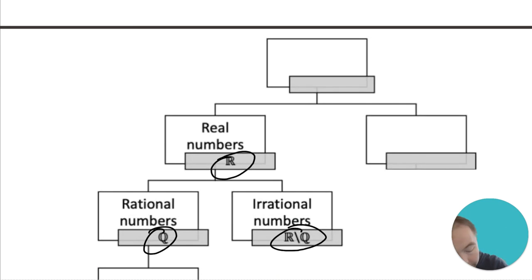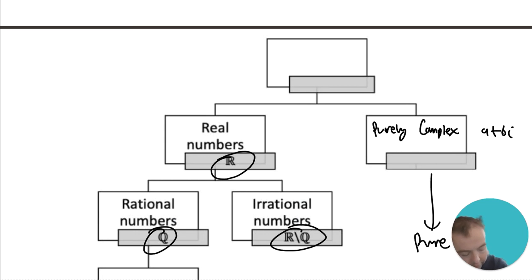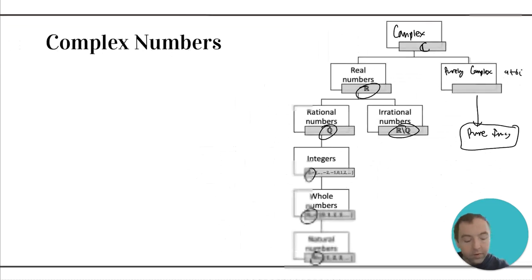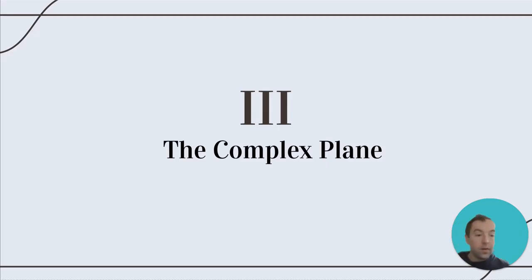So from the numbers that are purely complex, so that have the a plus bi structure that at least have the i, and then you also have the pure imaginary that could probably fall underneath that. So we could probably add another box, right, for the pure imaginary numbers. When you put together real with those purely complex numbers, we get the family of numbers that are called the complex numbers. And really what you want to understand about complex numbers is we'll represent them with C, and that's what complex numbers are. They have real numbers and imaginary parts to them.